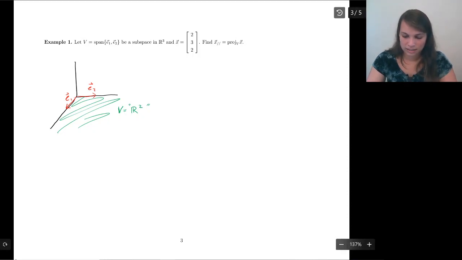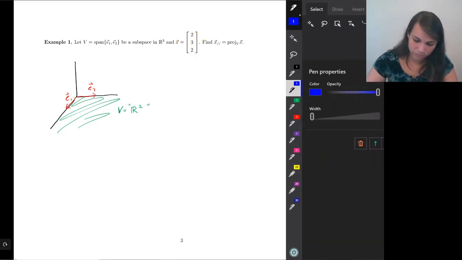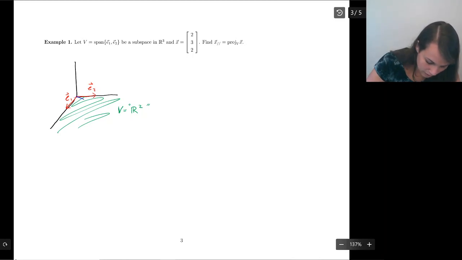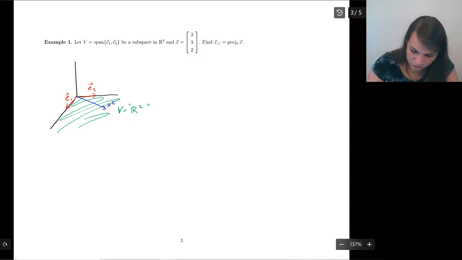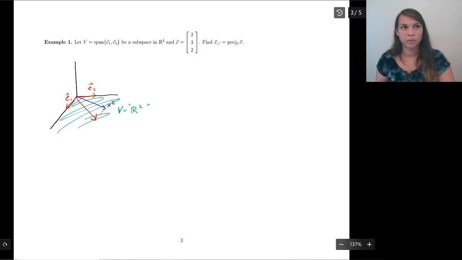So now we want to see what the projection of this x right here is onto that subspace. Well, if we were to take our x, it's going to come here, and we project it down onto our space, then this is really like, do you remember when we did linear transformations and we talked about the transformation that removes the z component?